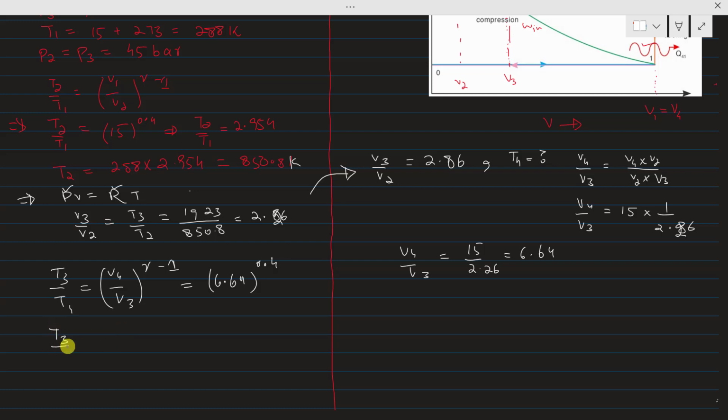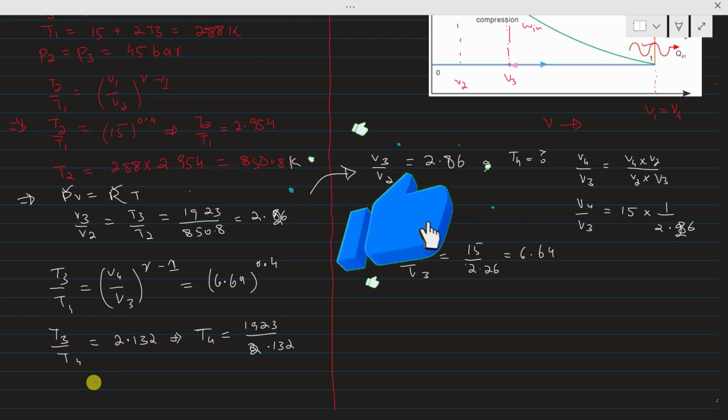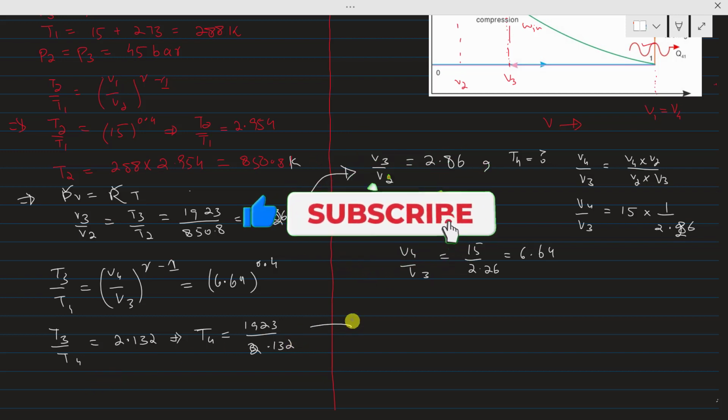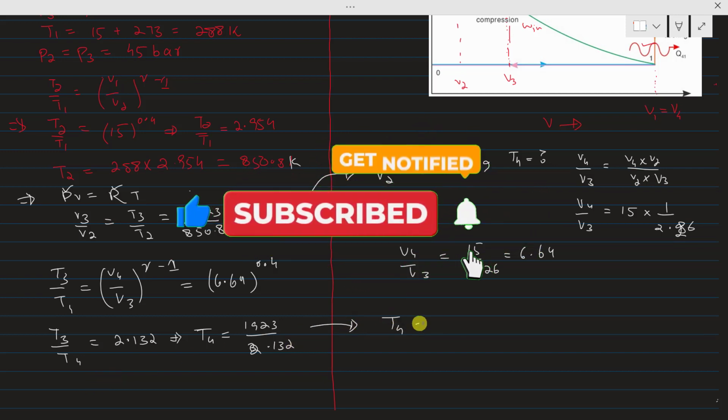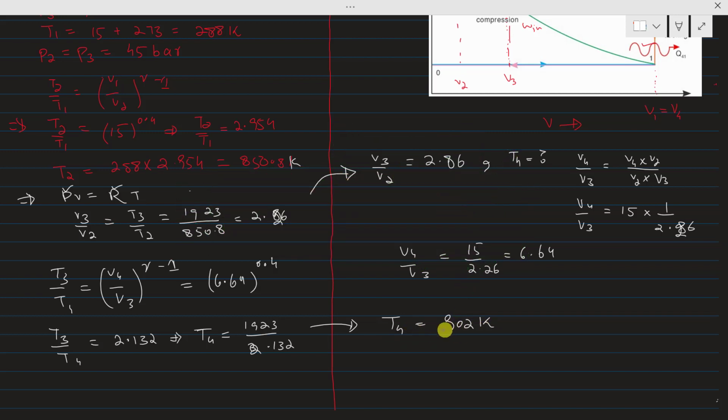After doing multiplications on the calculator, to find the T4 value, T4 you will get, that is 902 Kelvin.